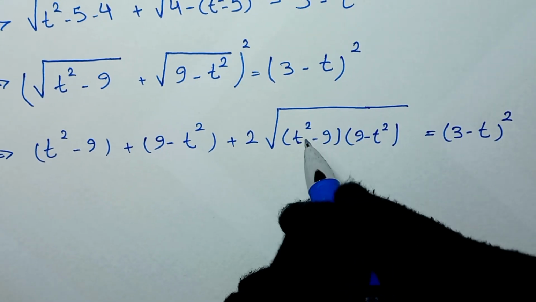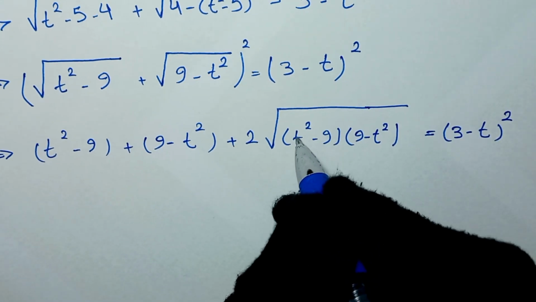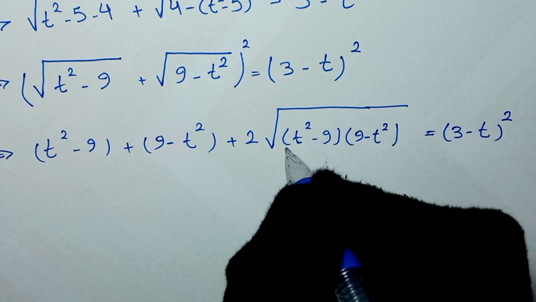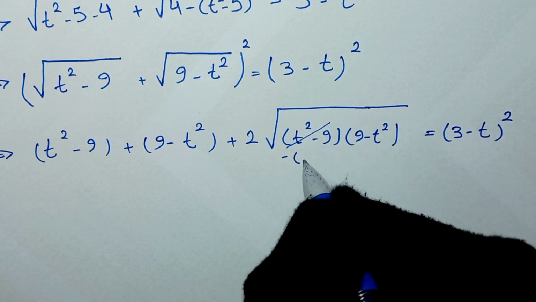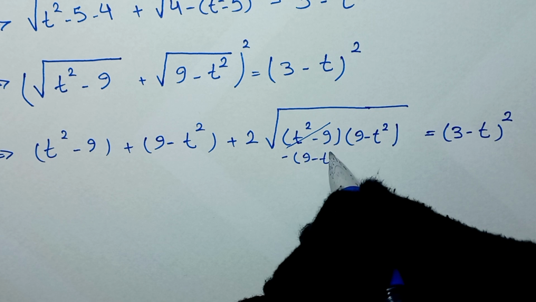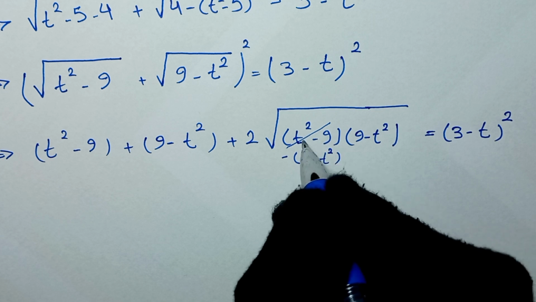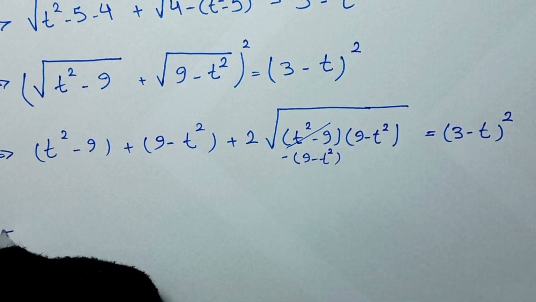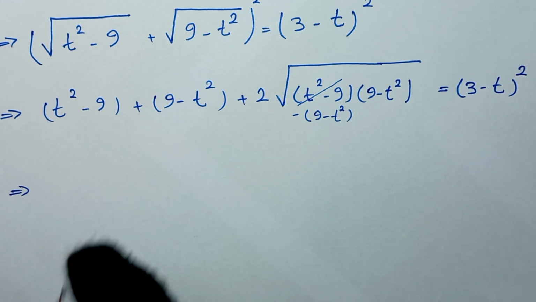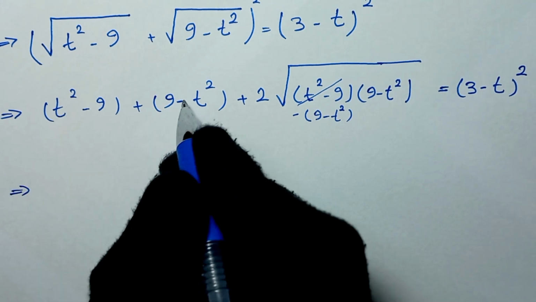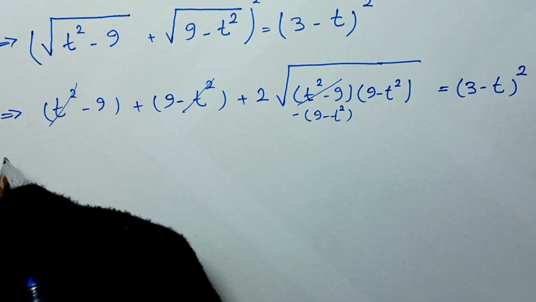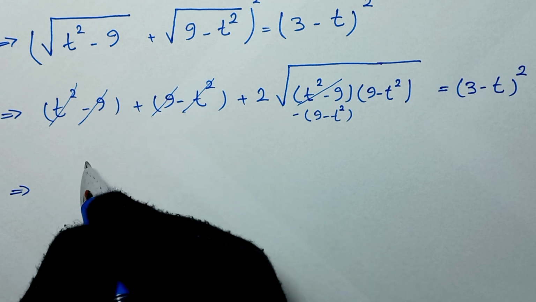In here, if we factor negative 1 for these two parts, it will be negative 9 minus t square, right? We factor negative 1. And it will be t square minus t square. This will cancel this, and negative 9 will cancel this negative 9.